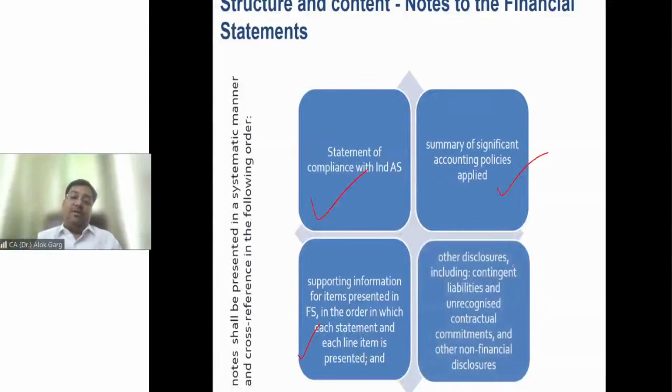Then other disclosures like contingent liability and unrecognized contractual commitments, and other non-financial disclosures like contingent liability, capital commitment, related party disclosure, right? Segment reporting. So all these kinds of disclosures, COVID related disclosures, are required to be given.